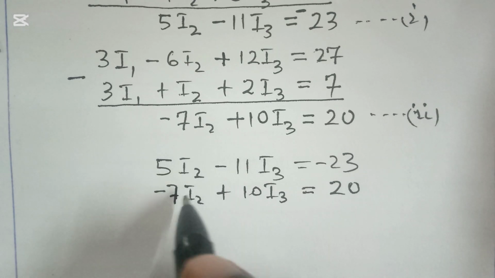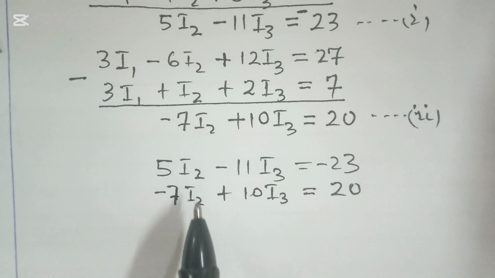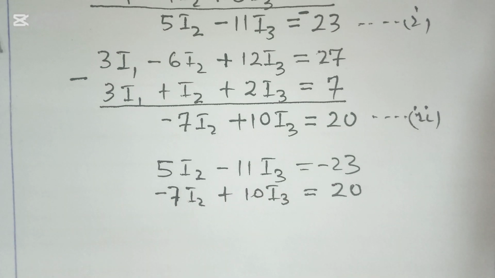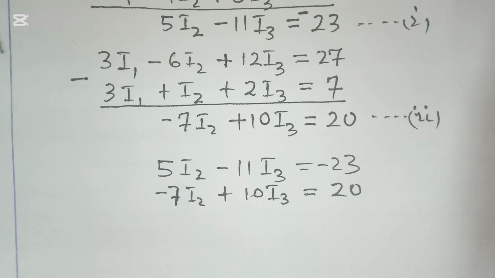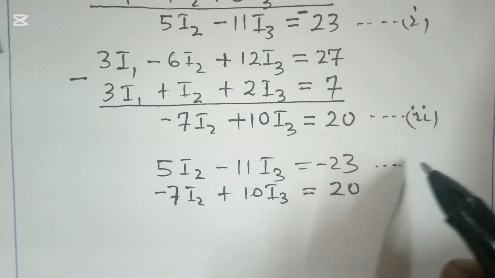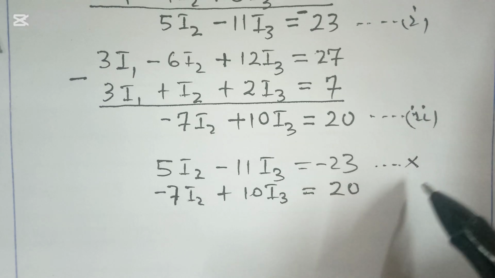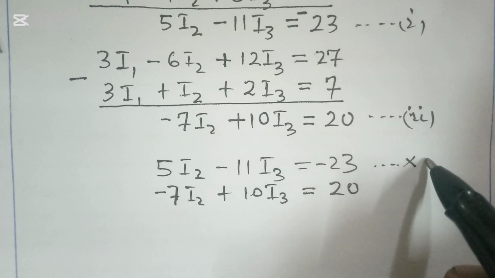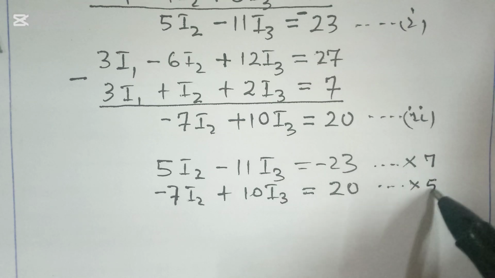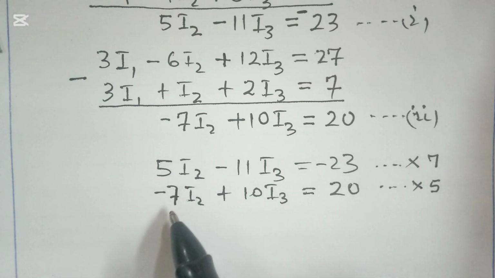And now we check what is easier to eliminate, that is I2 or I3. So guys, I can choose to multiply this equation by, let's say, 7, and this one I can multiply by 5, so that these two become equal.